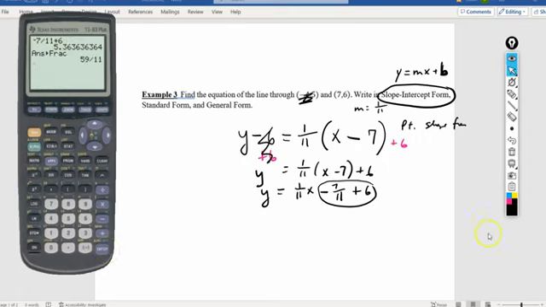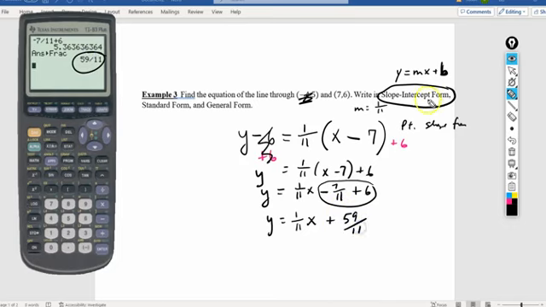Enter, enter. And that gives me the fraction. And that's going to be equal to 59/11.